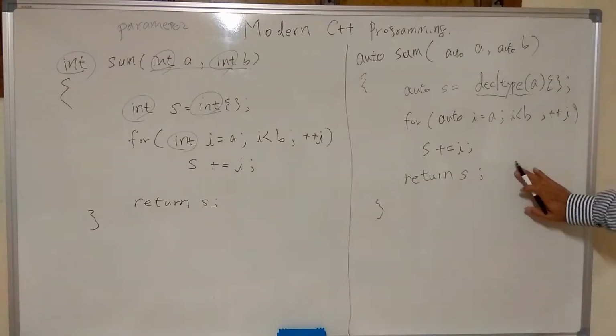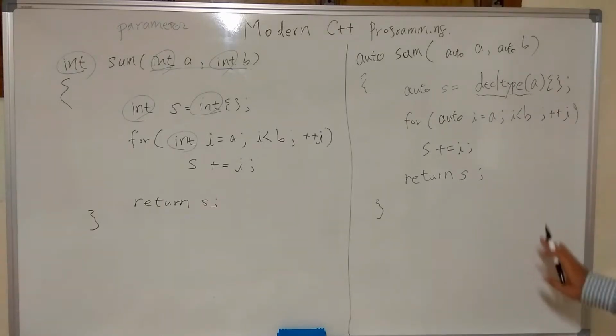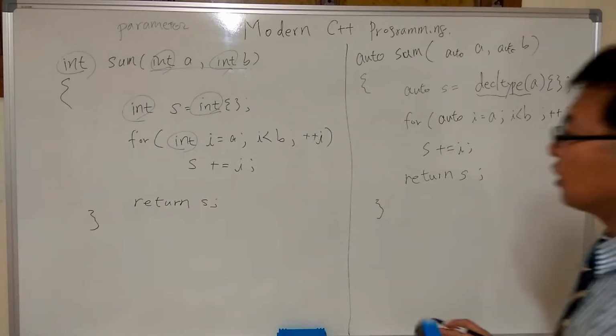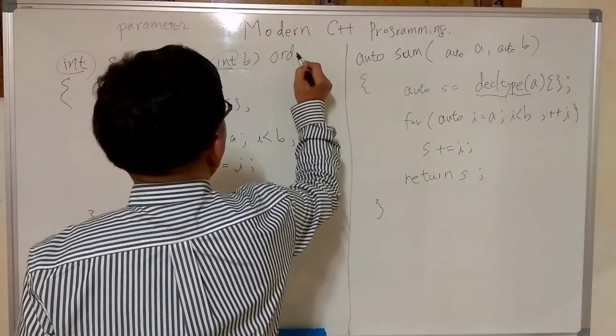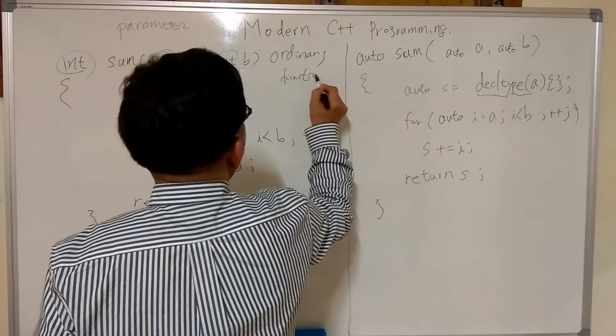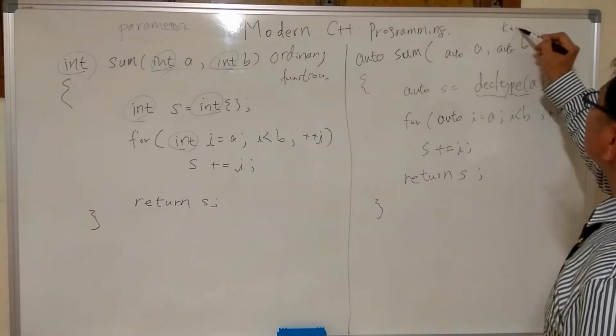So this is actually the same. This is the modern way. This is an ordinary function. This is using the keyword auto.